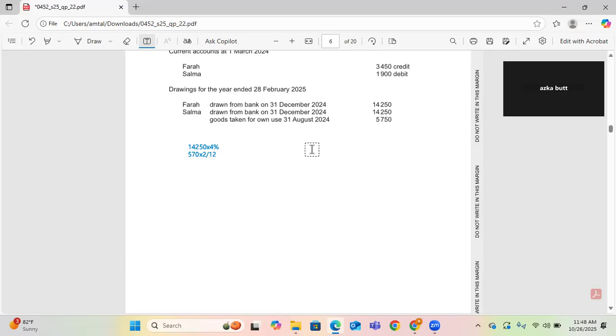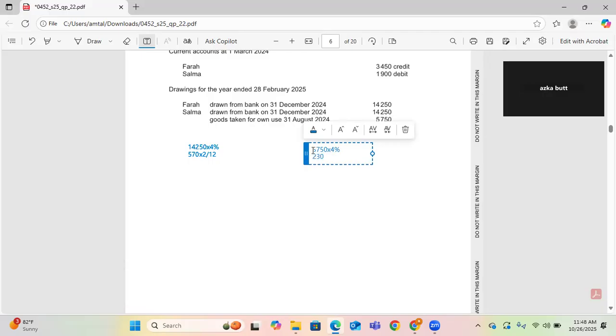So that's why we will be doing 5750 multiply 4%. Okay, and then what is the answer? Let me see first of all. 5750 multiply 4 divided by 100. This is equal to 230.